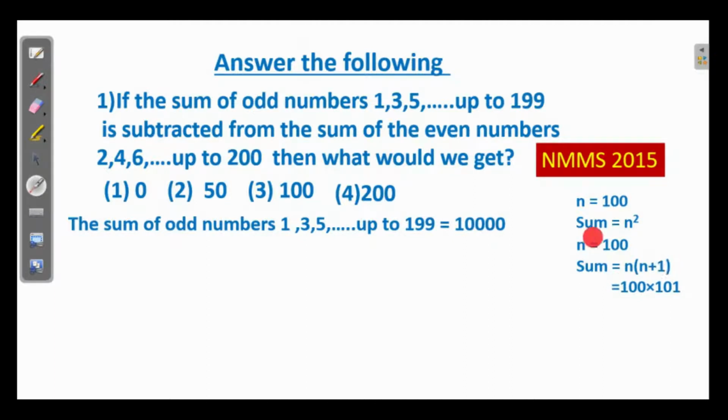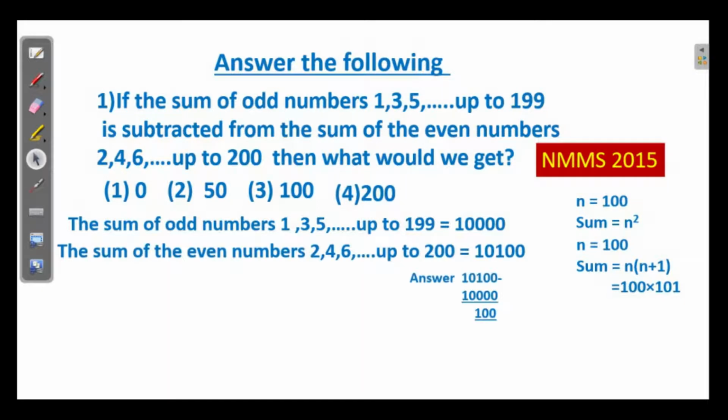These two formulas, if you have learned it, then this type of problems would be very easy to find out. So, the sum of even numbers from 2 to 200 is 100 into 101, which is equal to 10,100, and we are asked to subtract. So, it is 10,100 minus 10,000, which is equal to 100.